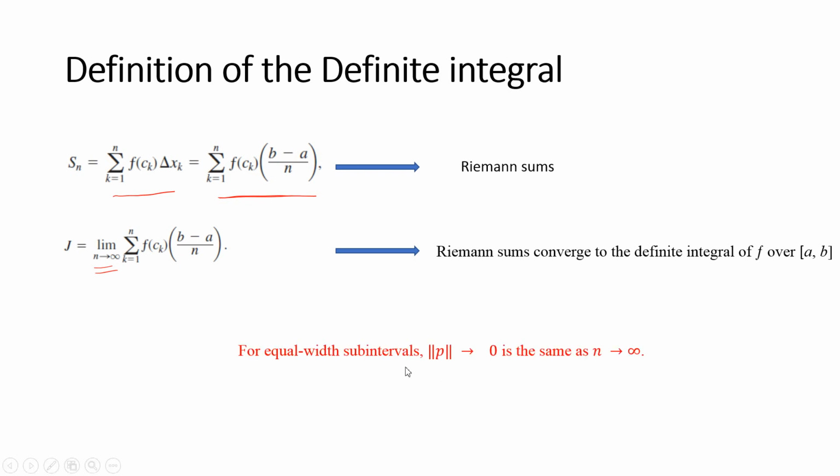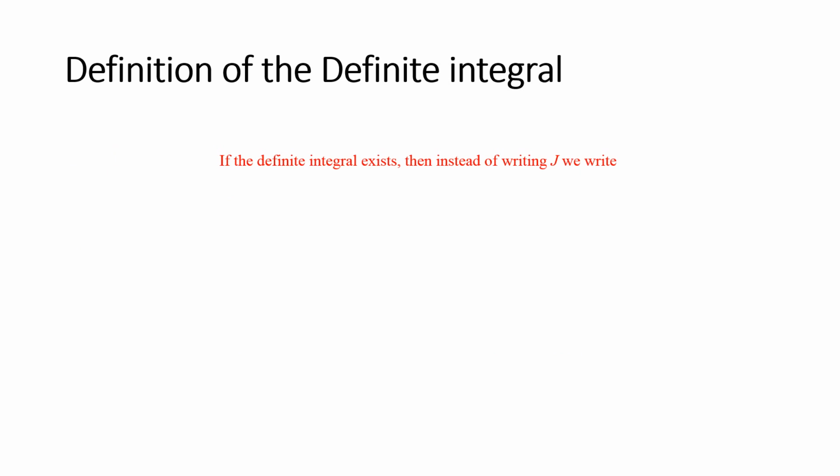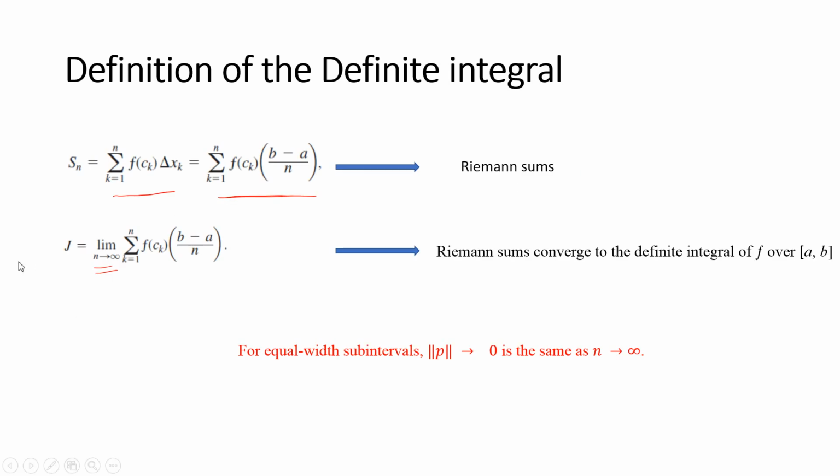So for equal-width subintervals, the norm of P approaching 0 means n approaches infinity. So we have the definition of the definite integral for equally spaced subintervals given by this expression. If the definite integral exists, then instead of writing J, when does this definite integral exist? When this limit is defined, of course. If this limit exists, then this definite integral exists.